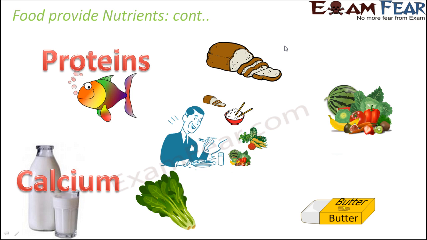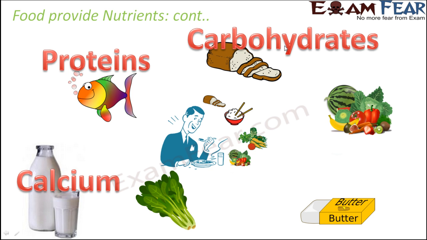Think of fish. Fishes are a very rich source of proteins, and proteins are needed for the overall growth and development of our body. It helps in the tissue repair within our body. So for the overall growth we need proteins. Think of bread or any other item like rice or roti.